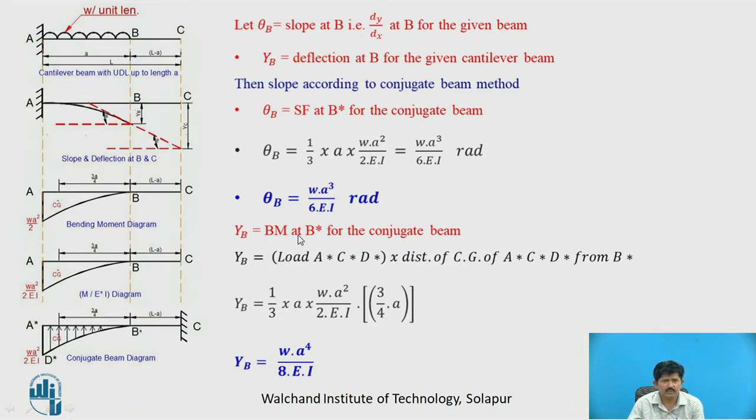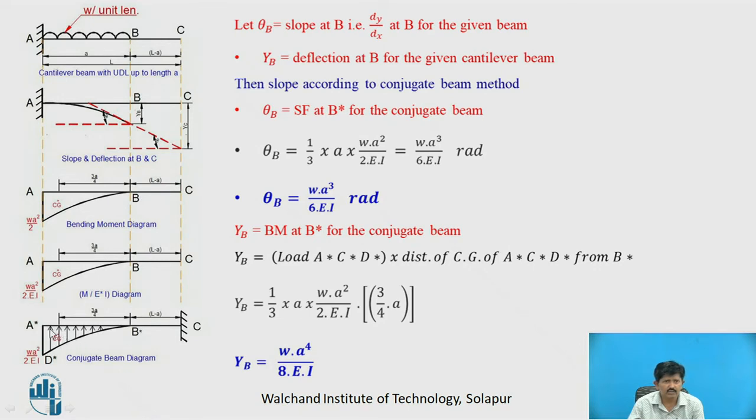So let YB be the deflection at point B, which is equal to the bending moment of the conjugate beam at B. So bending moment at B star is equal to the load of A star, C star, D star into the distance of CG of A star, C star, D star from B portion.